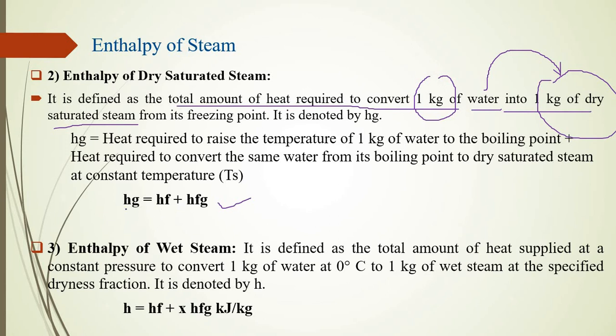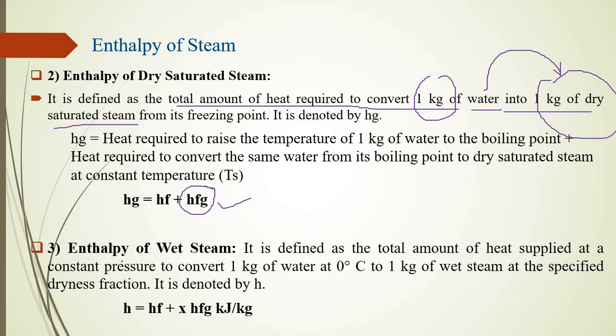Hg means enthalpy of gas, Hf means enthalpy of fluid, and Hfg means enthalpy of fluid plus gas. Here is a mixture of fluid and gas. Some water particles are there and some steam particles are there. So we have to calculate both the enthalpy of fluid and the enthalpy of fluid plus gas. This is called dry saturated steam.